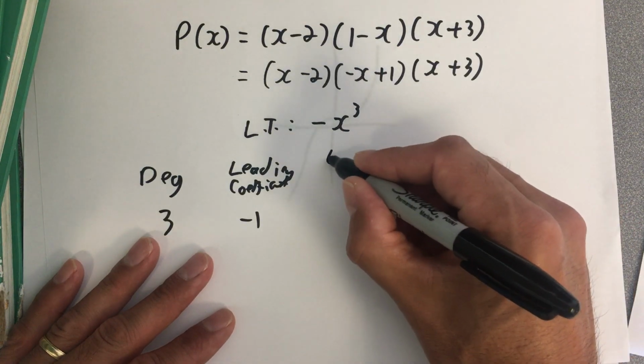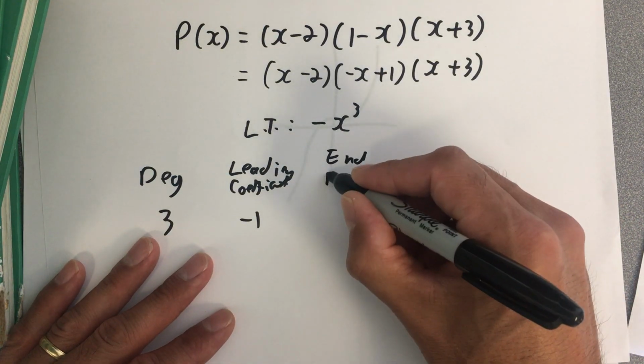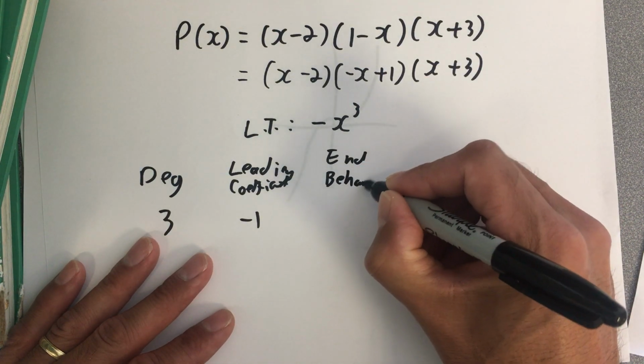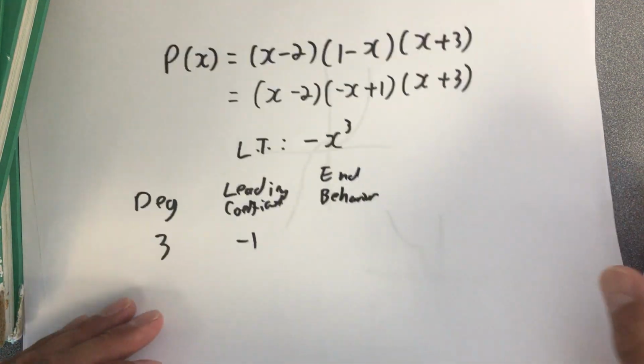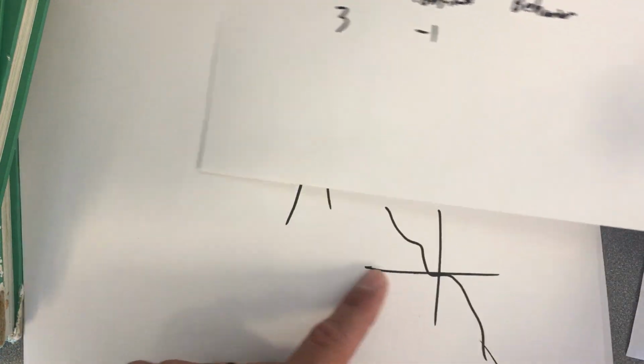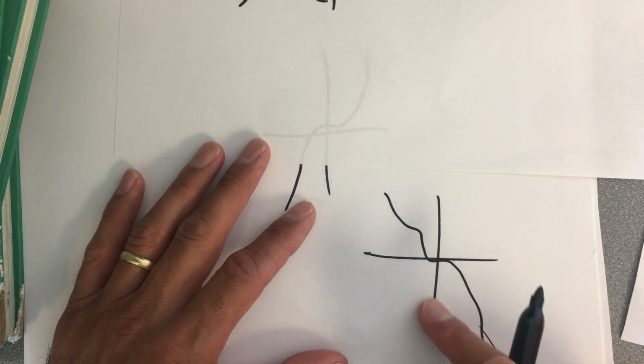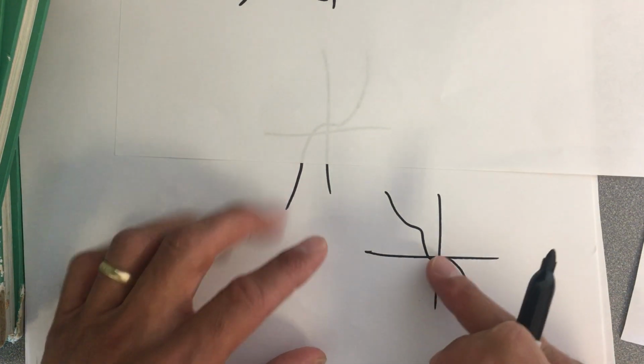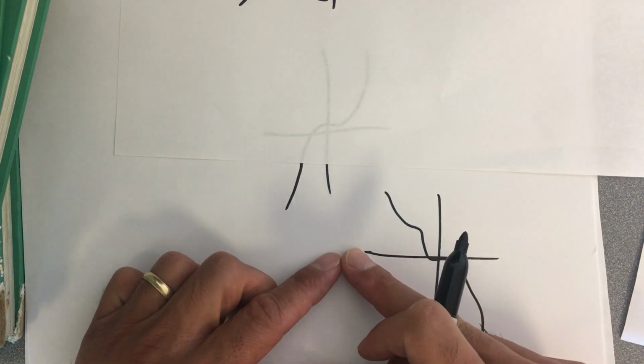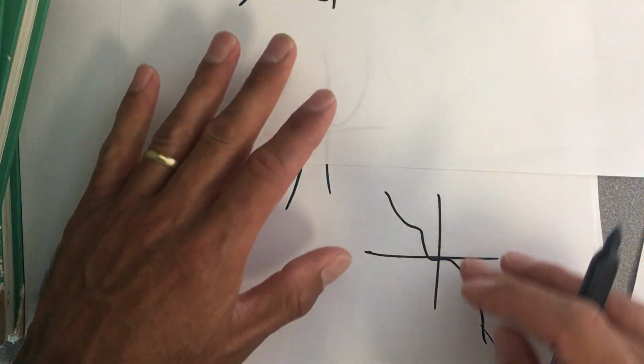So here I've got a leading coefficient that's negative. So that means that my end behavior is, it's this one. As x becomes a large positive, y becomes a large negative. As x becomes a large negative, y becomes a large positive.